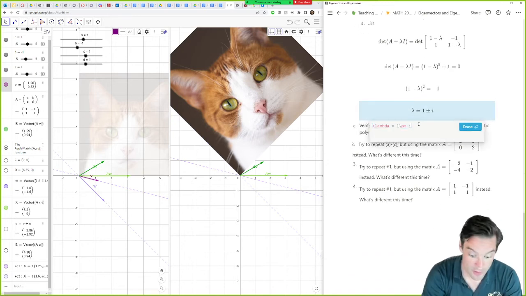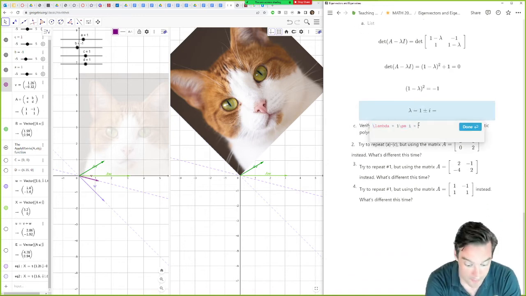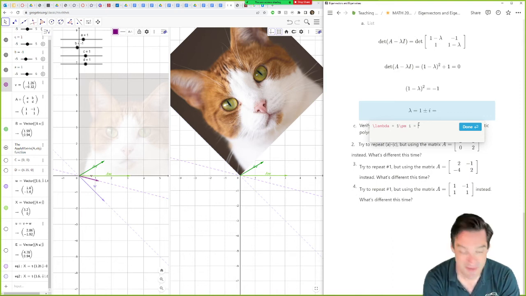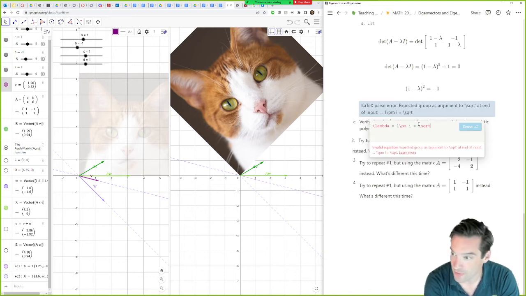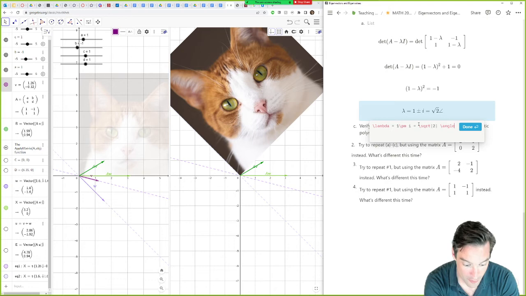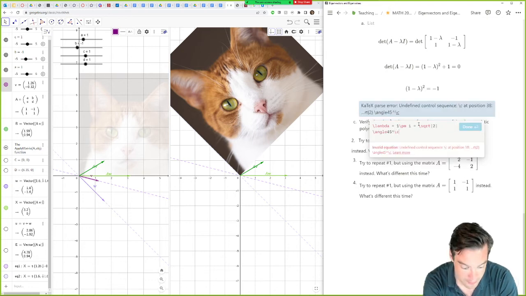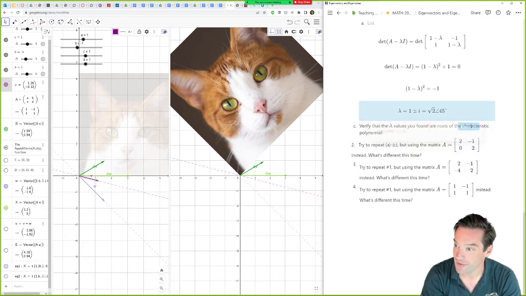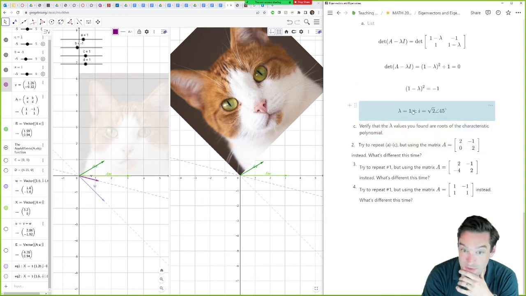And by the way, if you know about writing complex numbers using their polar coordinate representation, we could write this as the square root of 2 with an angle of 45 degrees. I'm going to write that as the polar coordinate representation of the complex number 1 plus and minus i.